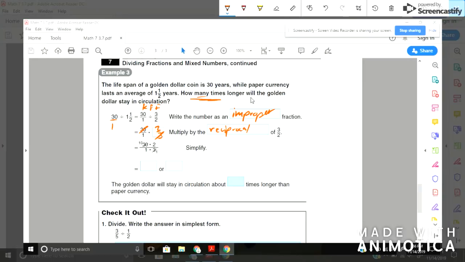Multiplying across, 10 times 2 would be 20 over 1. Same thing as 20. So the golden dollar will stay in circulation about 20 times longer than paper currency. Wow, a lot more durable, that's for sure. But you sure don't see many golden coins out there, do you?